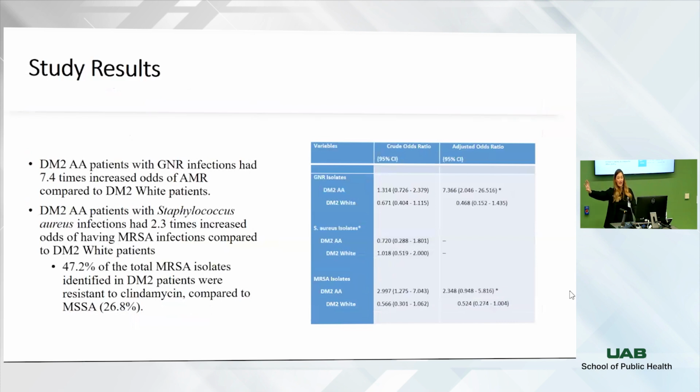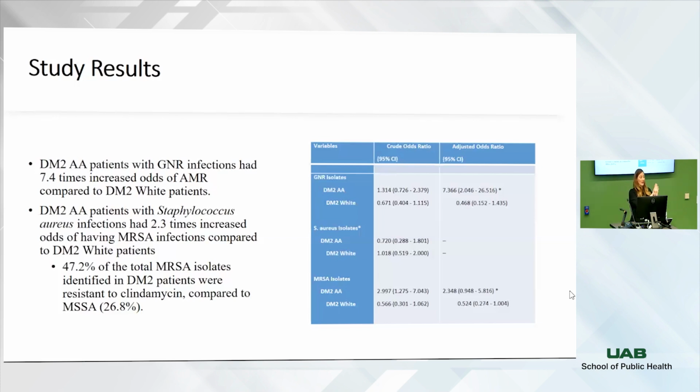So we defined our antimicrobial resistance definition. We looked at a steady set of time over the course of this group of individuals. And then we looked at, this is just a very small component of this study, but what the data showed was that diabetic African American patients have an increased odds of antimicrobial resistance compared to white patients, at least when it comes to first-line antimicrobials that you might want to use.